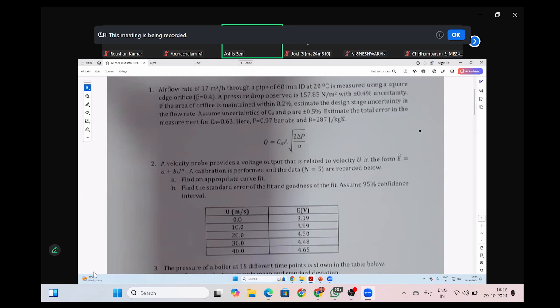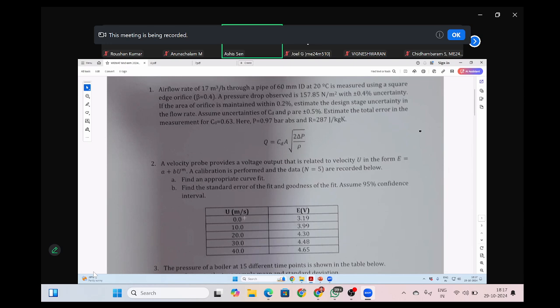And it is in the form that the output voltage is A plus B u to the power m. So this is the relationship between the output voltage E and the velocity u. A and B are constants, m is also a constant. A calibration is performed and the data are recorded below.